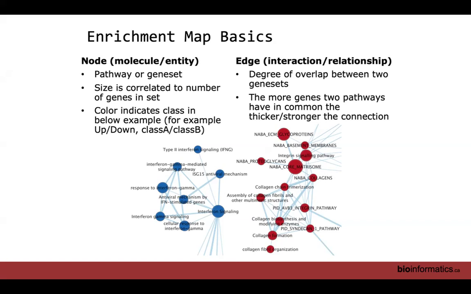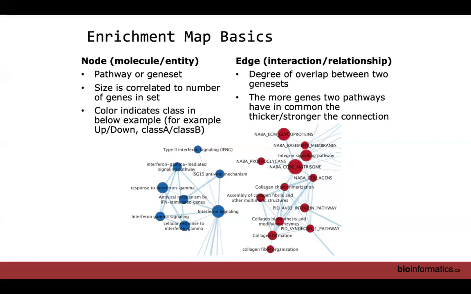So this highly redundant list of pathways or processes that we get back from an enrichment analysis will actually pull similar pathways together, because any pathway that shares a significant amount of genes with another pathway will be connected to each other. And then you can garner a lot more information about general themes, about general processes that are happening in the cell.